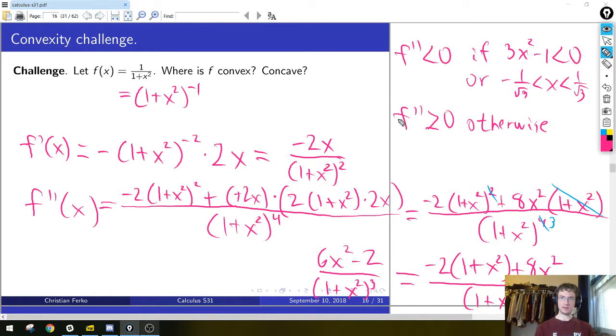So I think that means we should be, let's see, I'll say this one. Here it's negative, so negative means you open down, so you're concave. And here you're positive, so you point up, so you're convex. Good, okay. Kind of interesting algebra.